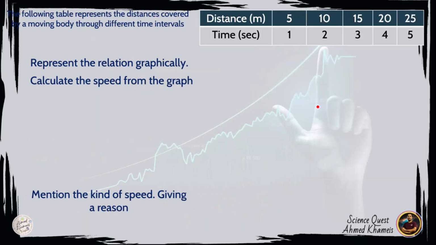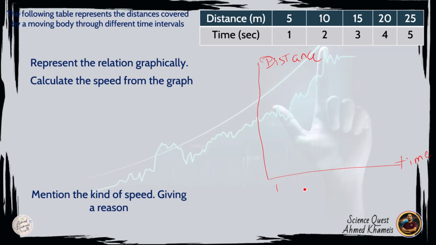From this table, represent the relation graphically. So we draw the y-axis and the x-axis. The y-axis will be distance. The x-axis will be time.